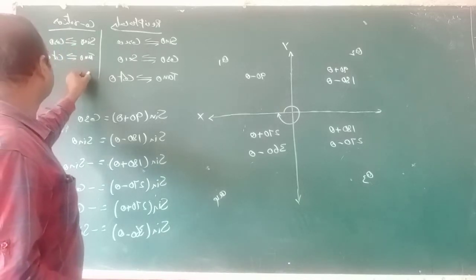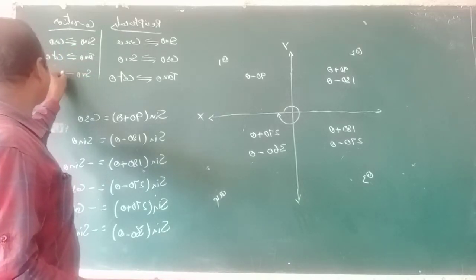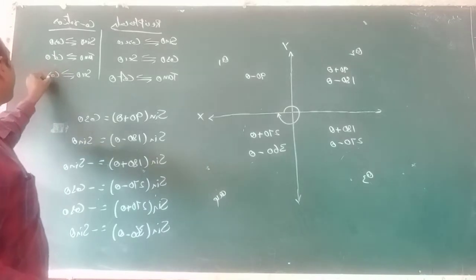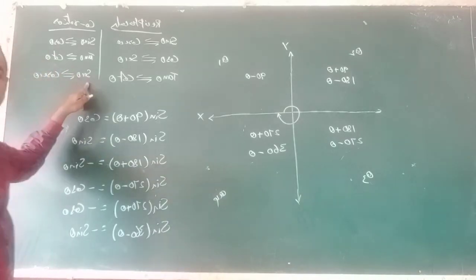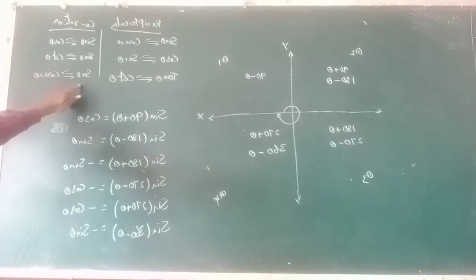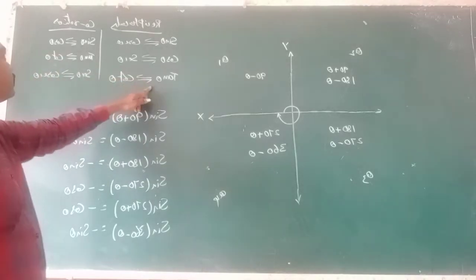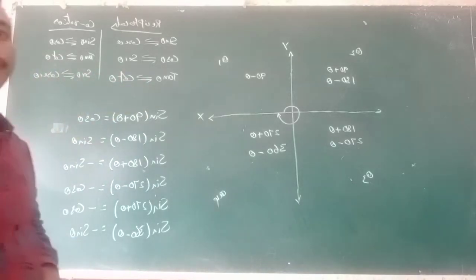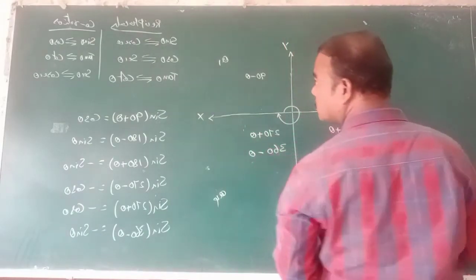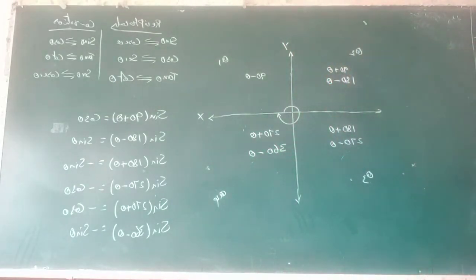The co-ratio of secant theta is cosecant theta. You need to know which are reciprocals and which are co-ratios.